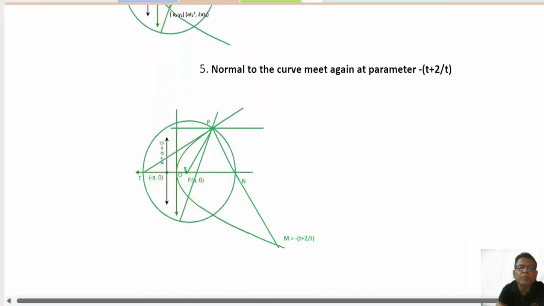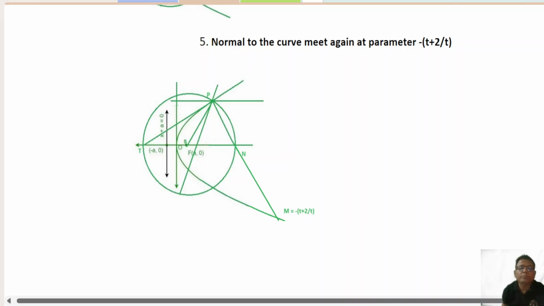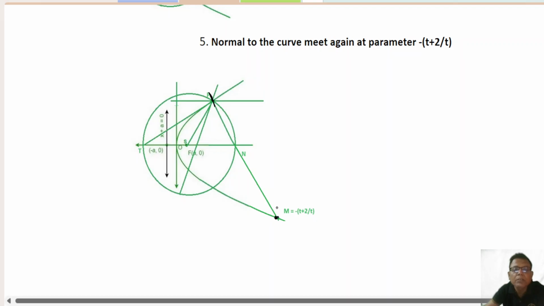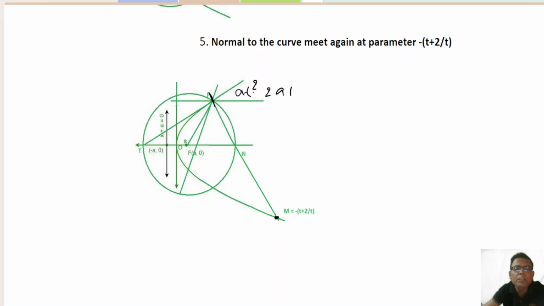So the last property of the normal is: suppose this normal cuts here and this cuts here. Suppose this point is (a t square, 2a t).